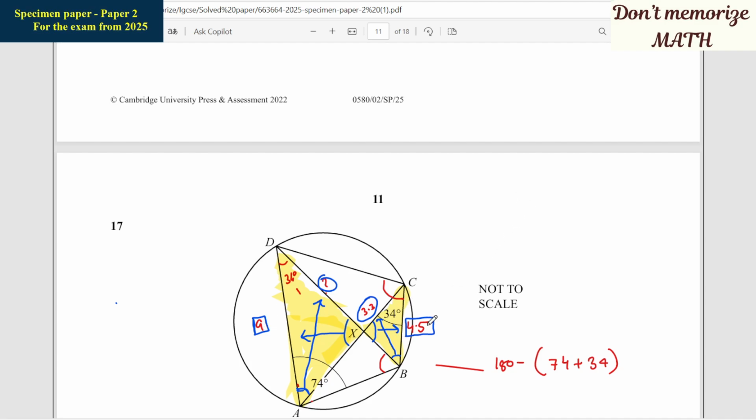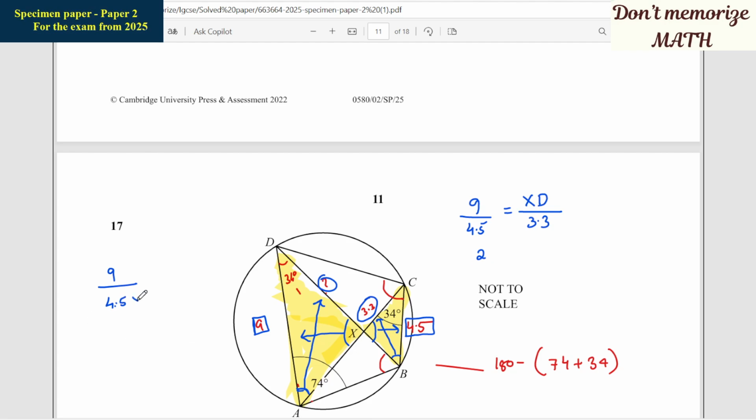So 9 over 4.5 equals DX or XD over 3.3. What is 9 over 4.5? 9 over 4.5 is 2. If you don't know, I will tell you how: double of 4.5 is 9, that's why you got 2.